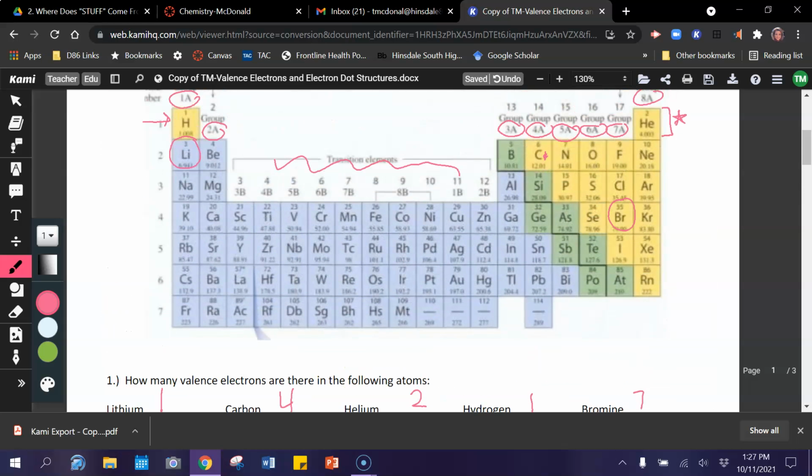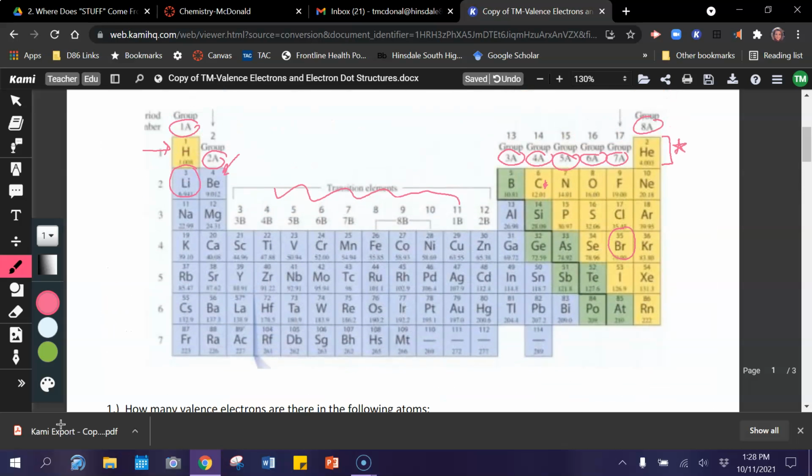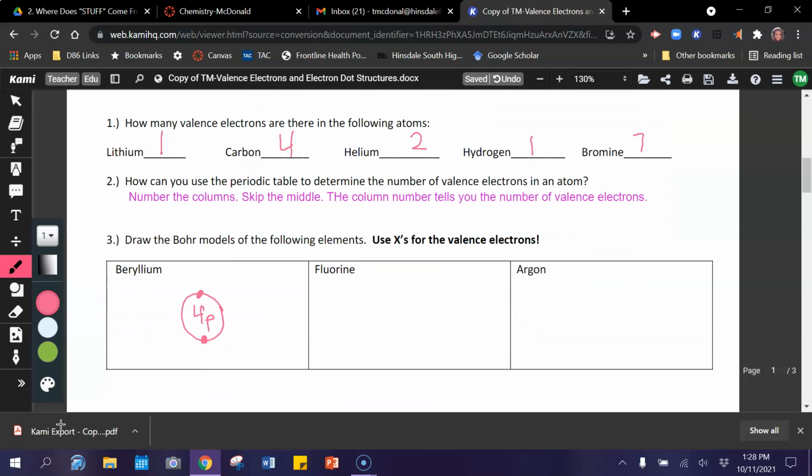But beryllium is in column number 2. So 2 of those electrons are valence electrons, and the directions say to use X's for the valence electrons. So that's what I'm going to do. So there's beryllium. Now if I wanted to take that last electron and put it off to either this side or this side, either way is fine. It just can't be right next to each other.